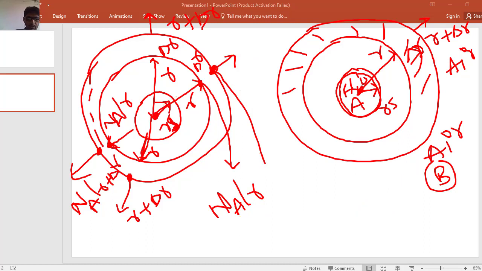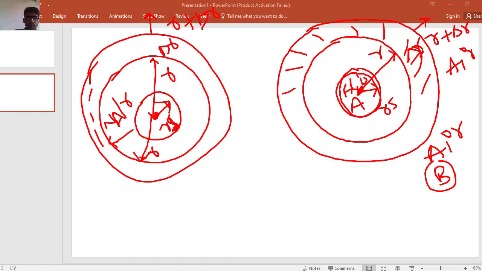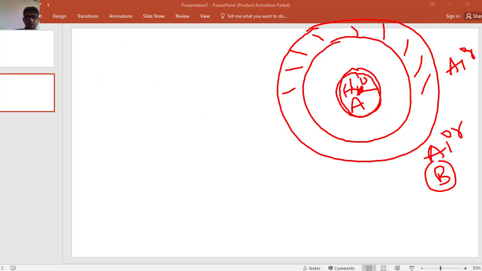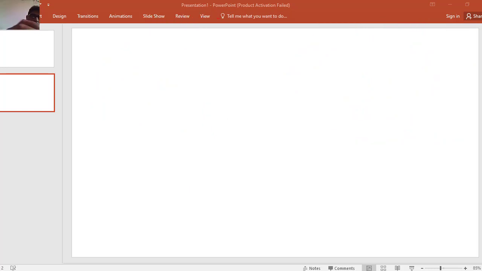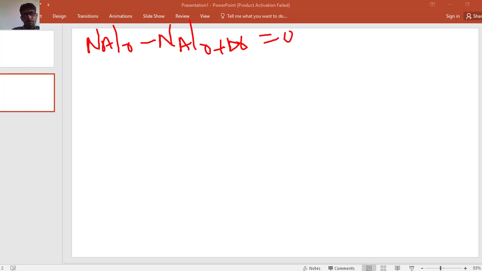So we will write it from material balance, which is NA at R minus NA at R plus delta R is equal to 0. Now, this is the flux.